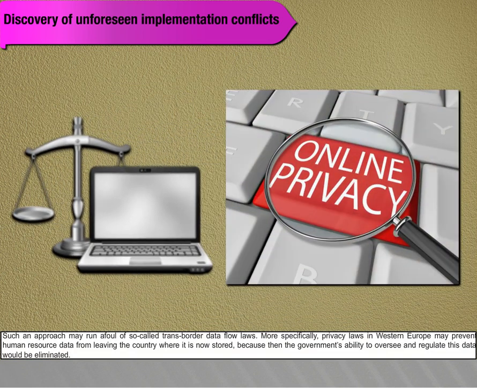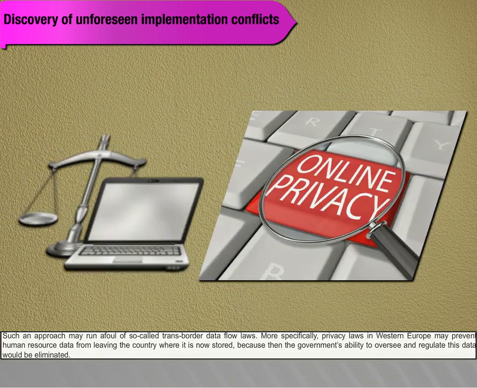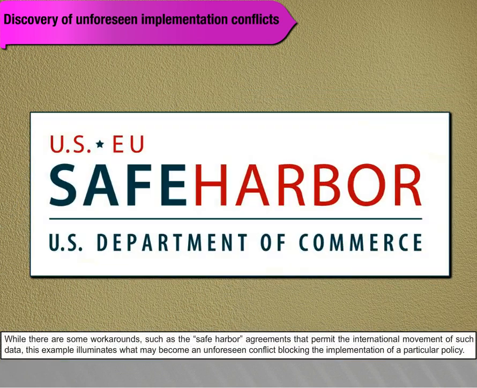More specifically, privacy laws in Western Europe may prevent human resource data from leaving the country where it is now stored, because then the government's ability to oversee and regulate this data would be eliminated. While there are some workarounds such as the safe harbor agreements that permit the international movement of such data, this example illustrates what may become an unforeseen conflict blocking the implementation of a particular policy.